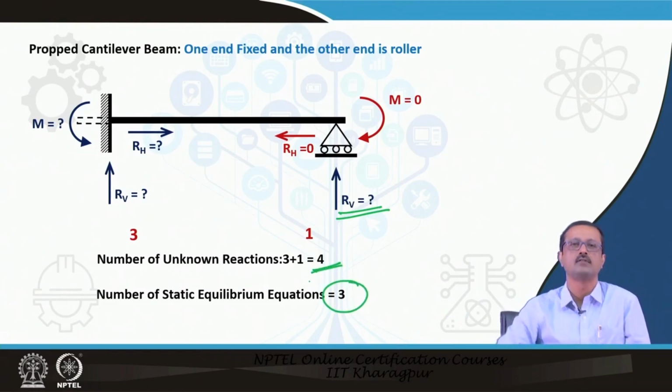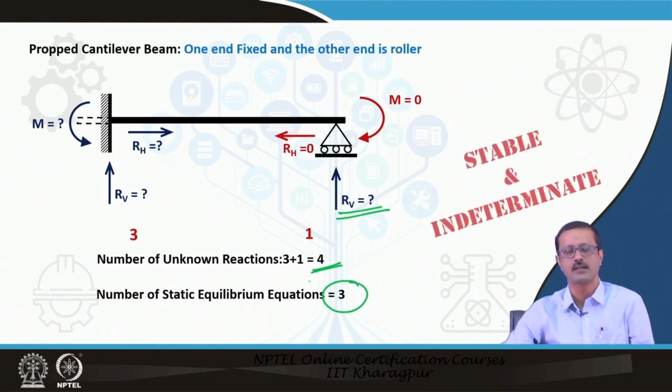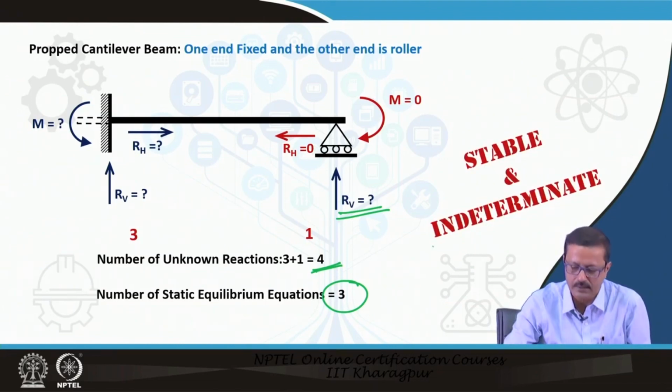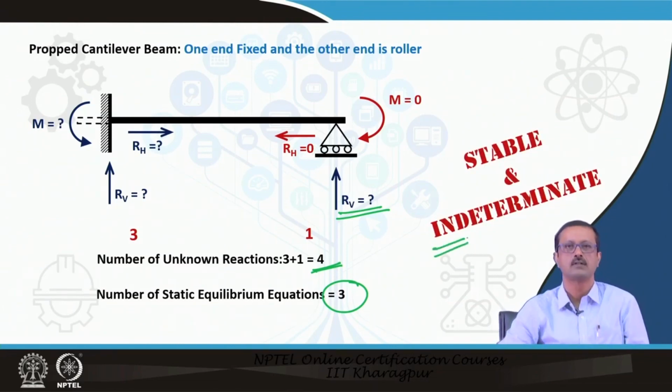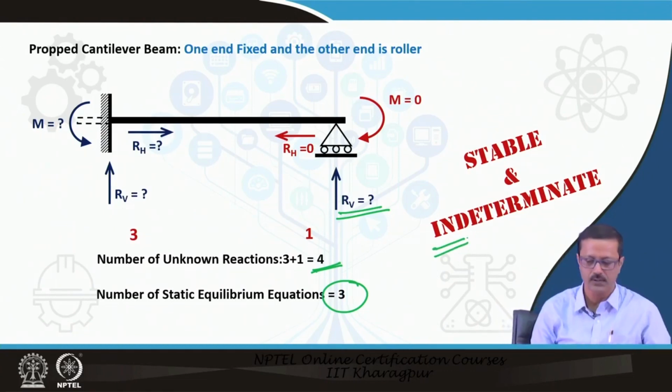So, how can I find out the 4 unknowns by virtue of 3 equations? It is not possible. So, it is definitely a stable beam, but it is indeterminate, not determinate. So, I cannot solve this beam very easily, I have to do some other things also. We will discuss that afterwards.